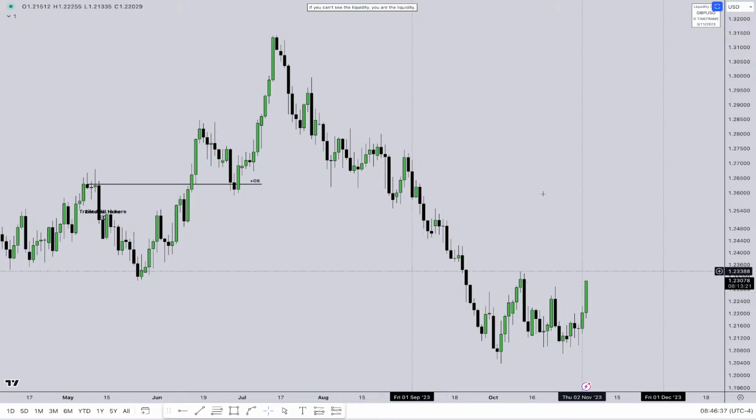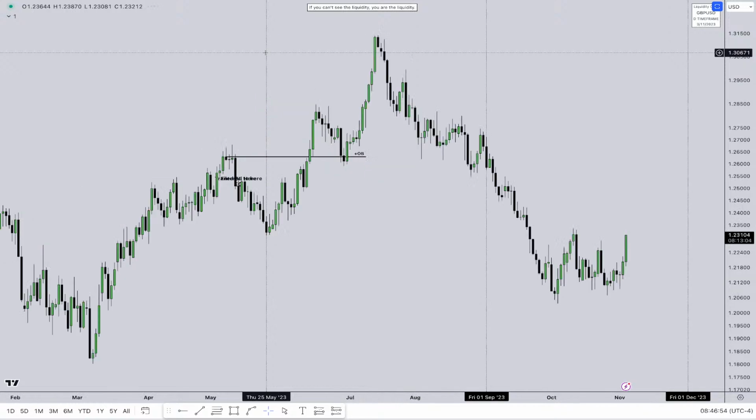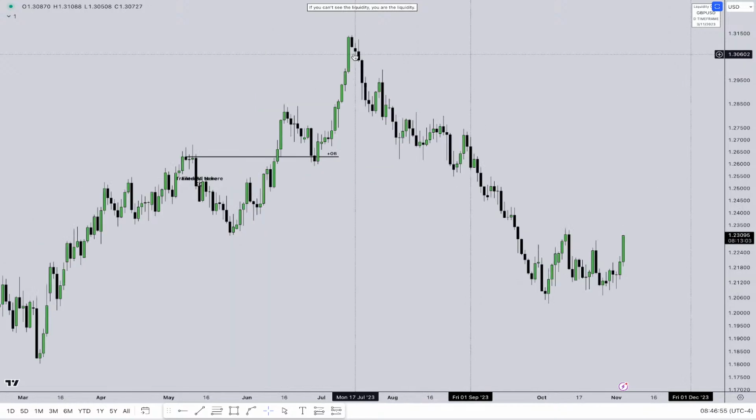There is a probability for us to form a low. And maybe late November and December, we can get a Santa Claus rally that may rally up a bit. But you can see that we formed the high when smart money are taking their profits. Many times it's going to be the second week of July.